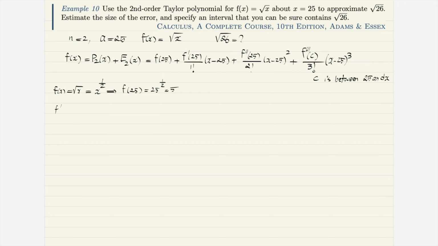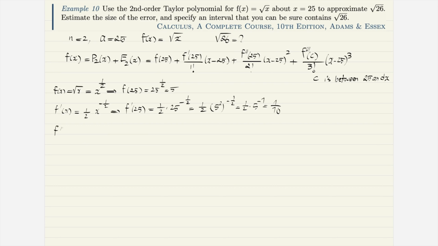Now if I differentiate, 1/2 will go down, so I will have 1/2 x to the power one unit less. And then to calculate f prime of 25, I replace x with 25 to the power of minus 1/2, so it is 1 over 2 times 5 to the power 2 to the power minus 1/2, so it becomes 1 over 2 times 5 to the power of minus 1, which is 1 over 10.